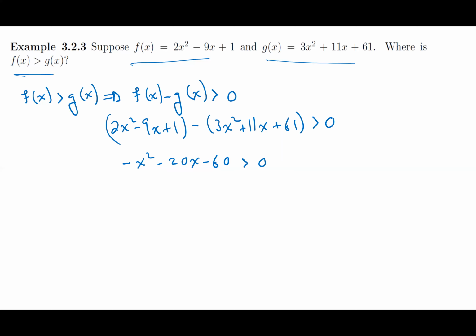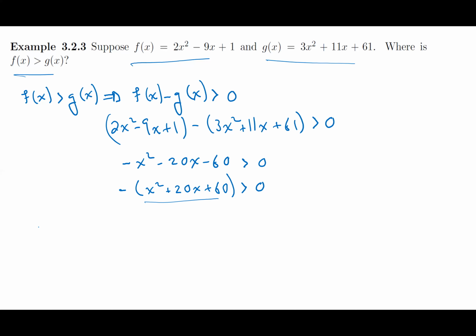Greater than 0. And I could factor a negative out, so I get x squared plus 20x plus 60 in that form, with the inequality adjusted accordingly. And so now we want to solve this. I'm going to do that by finding the zeros, because wherever I find the zeros, that's where the signs change. You can try to factor this, or you might use the quadratic formula.